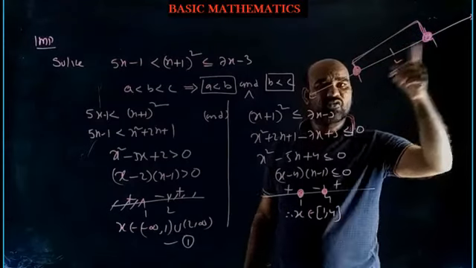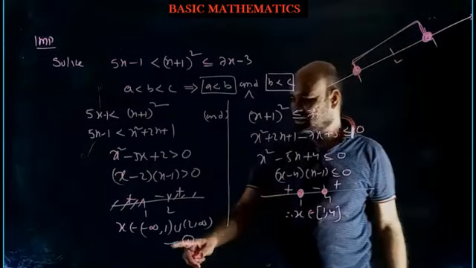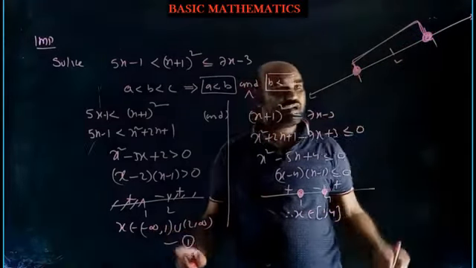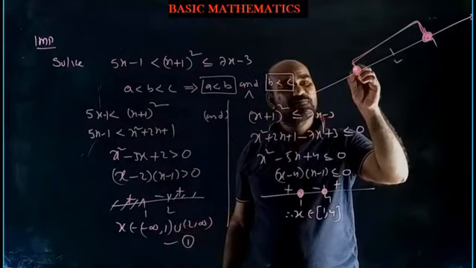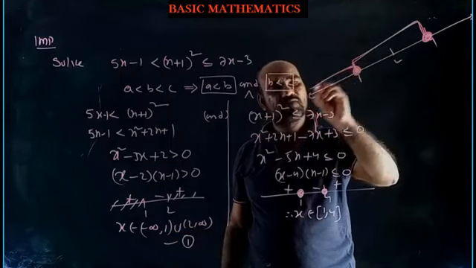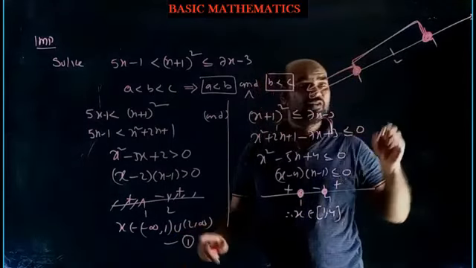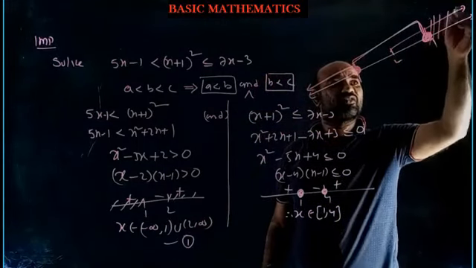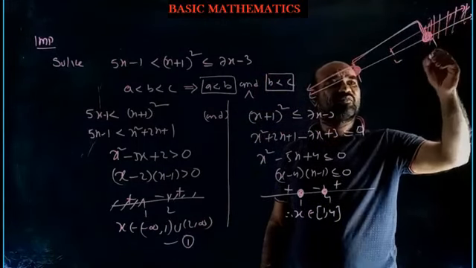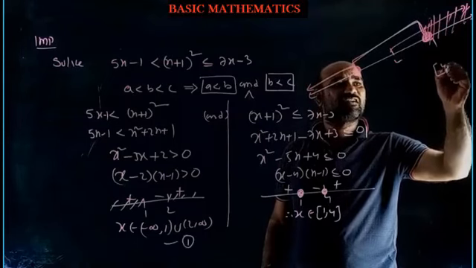All the numbers from 1 to 4 will satisfy this. The other is saying below 1, 1 is not there. This side, 2 to infinity. So this area is common for both. Closed 4 to infinity is common.